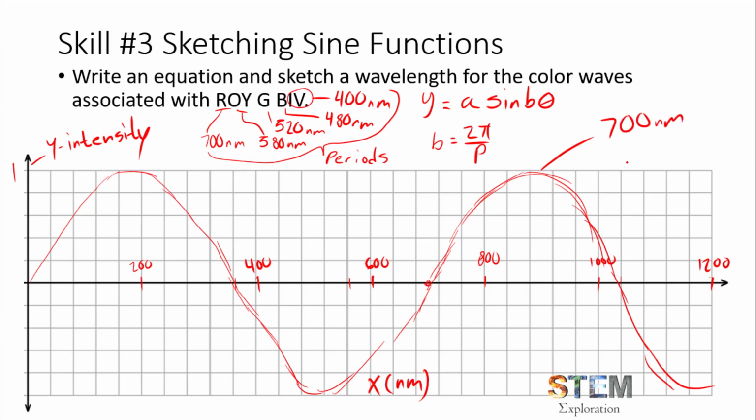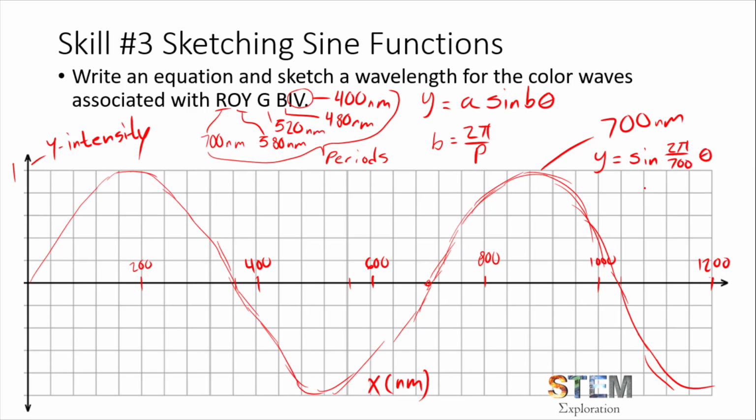If we want to make an equation for this, all we would do is put 700 in for the period, and that would be your b term. So if you want a sine function for this, all you do is say y is equal to the sine of 2 pi over 700 theta.